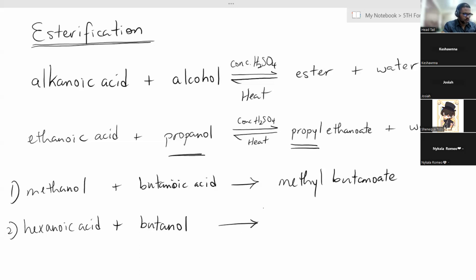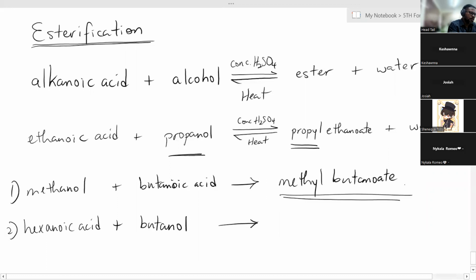I don't know how to pronounce the whole thing. What's the name of the first one? Hexanoic acid. Right. But what's the name of this? Say this name here for me.